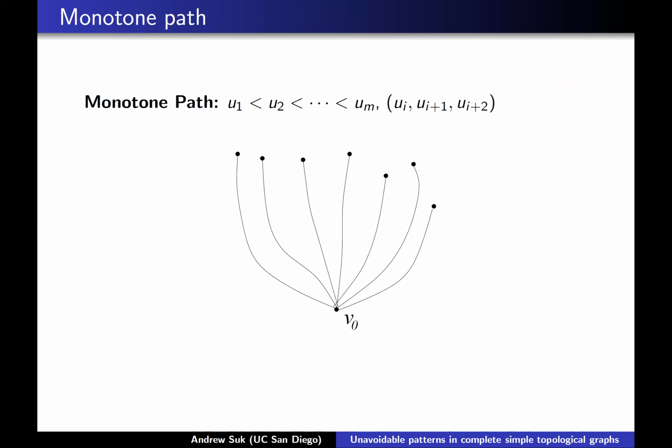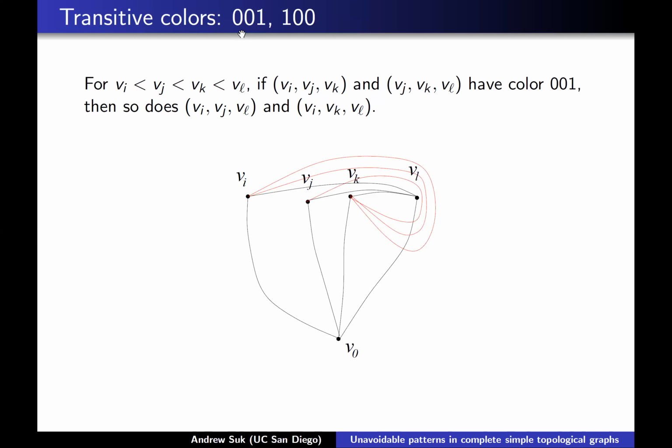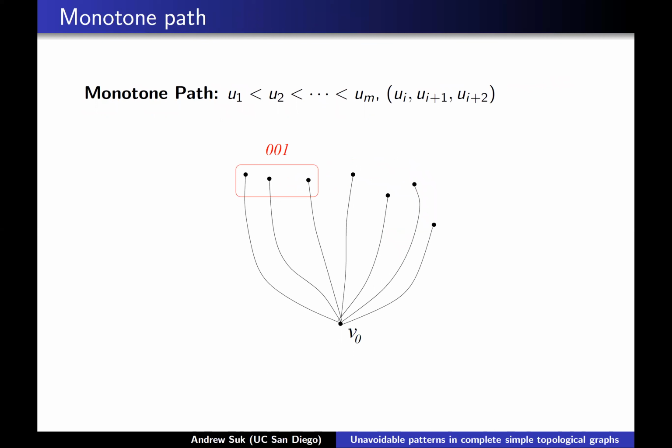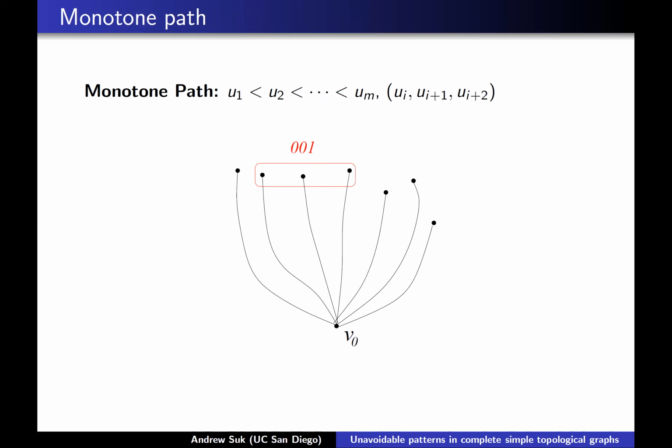And so because 0, 0, 1 is transitive, you don't need to find m vertices such that every triple has 0, 0, 1. All you need to do is check that the first triple is 0, 0, 1. And then if you shift over by one vertex, this triple has the 0, 0, 1 pattern.